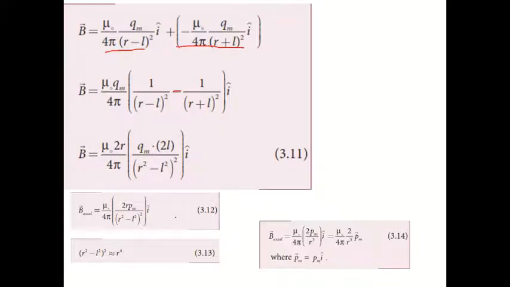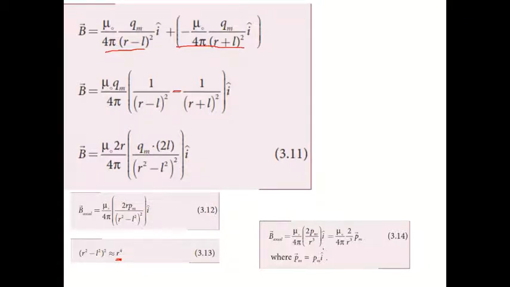Now next step, bring the 2r inside. Now (r square minus l square) the whole square is more or less equal to r power 4, because the l value is very less.